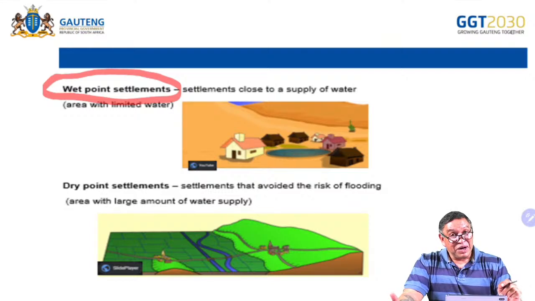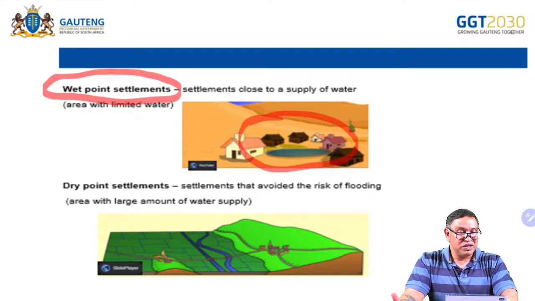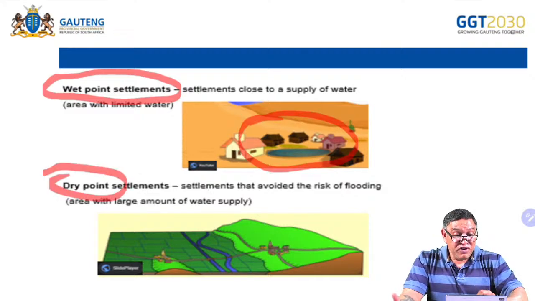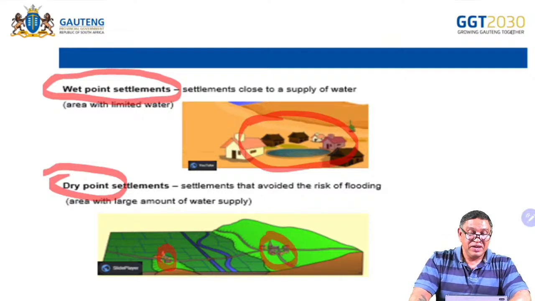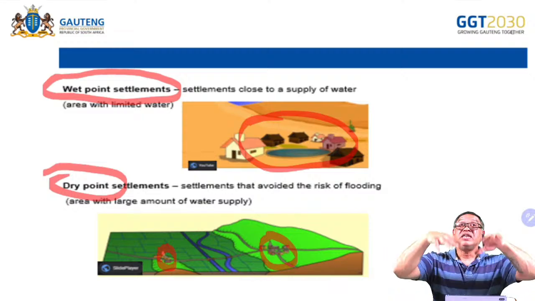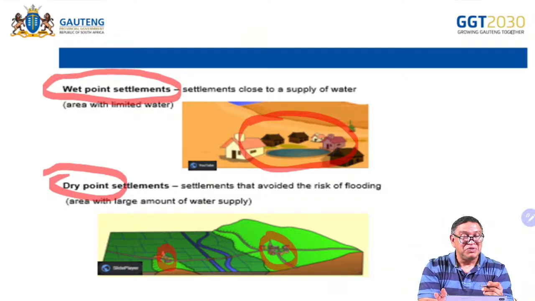Wet point, remember, you need to be near water. Dry point, you need to be away from the water source or at a higher point, because there's a large amount of water. It could be good rainfall. There could be flooding. Can you see the differentiation between the concepts?